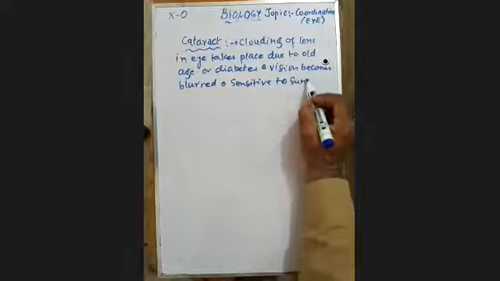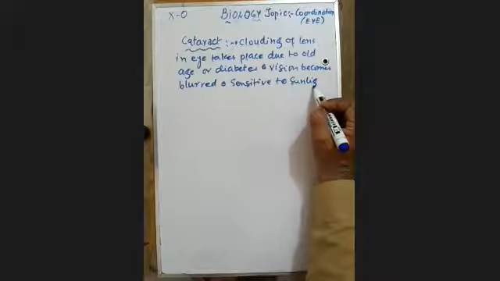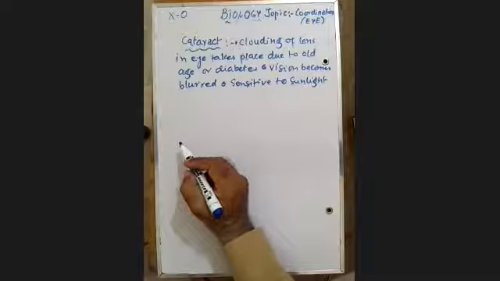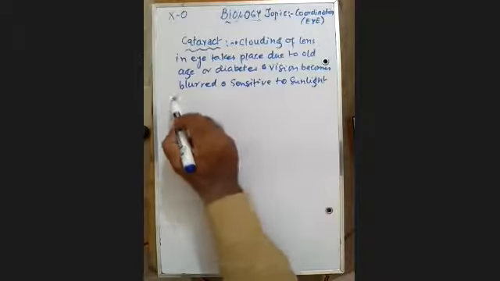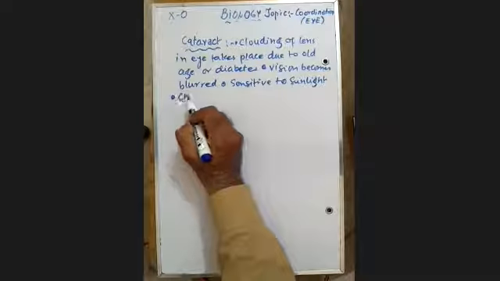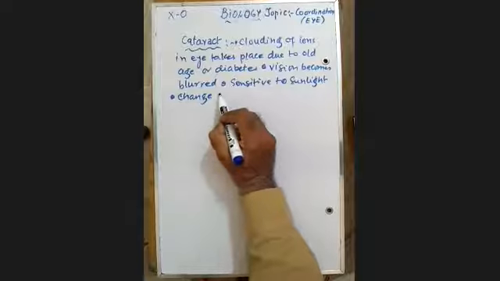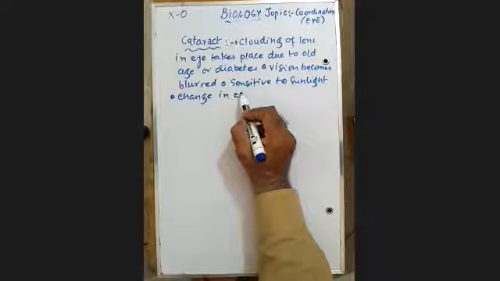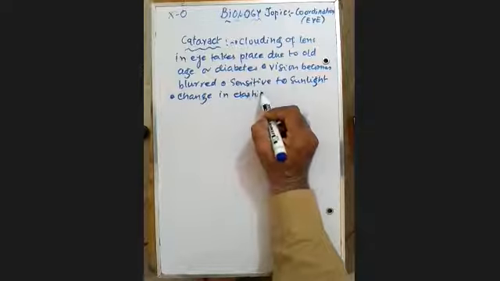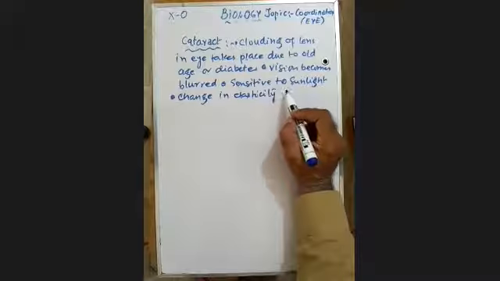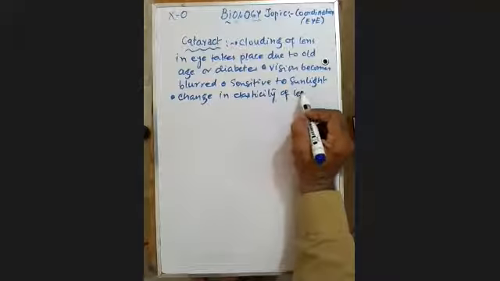In sunlight, the person will be unable to see; he will find difficulty. There is also a change in the elasticity of the lens.